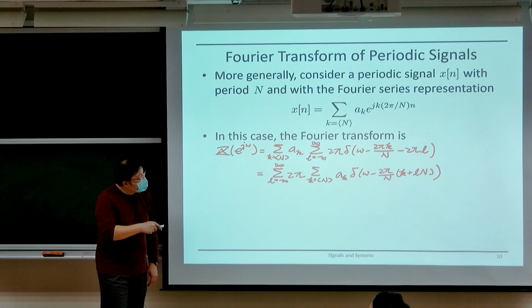So you can just view this as a_k'. Now we have k' summed from ln+1 to ln+N, so this is over N consecutive values.